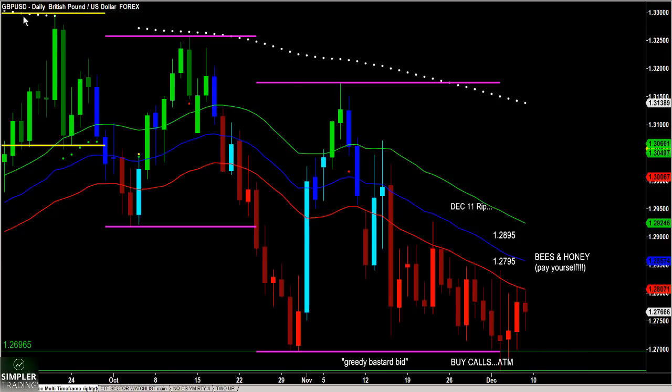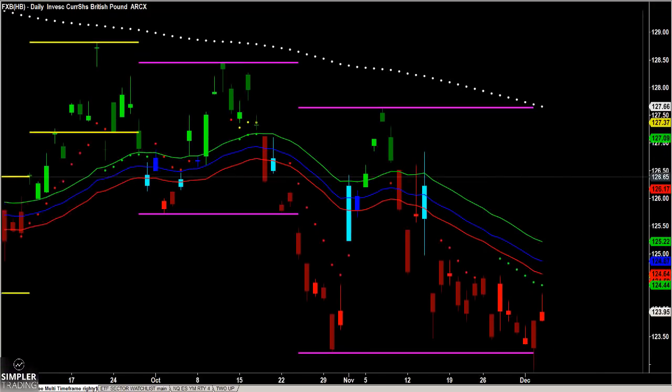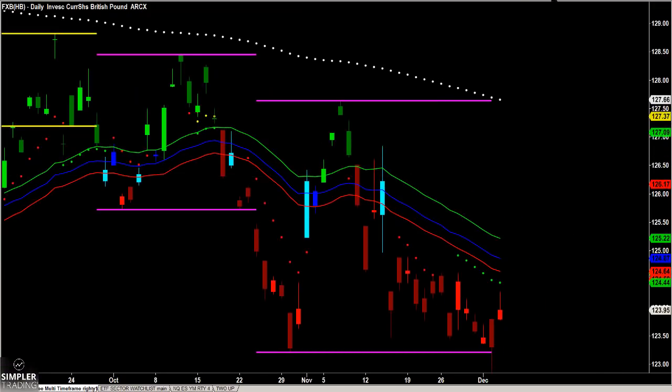Here I am looking at a Forex market, but I know that I could take this very same zone, which started at about the 127 handle, that's what we call that, 1.2700, and I can go ahead and execute that buy on the FXB, which is the ETF for the British pound versus US dollar, same zone, same idea.